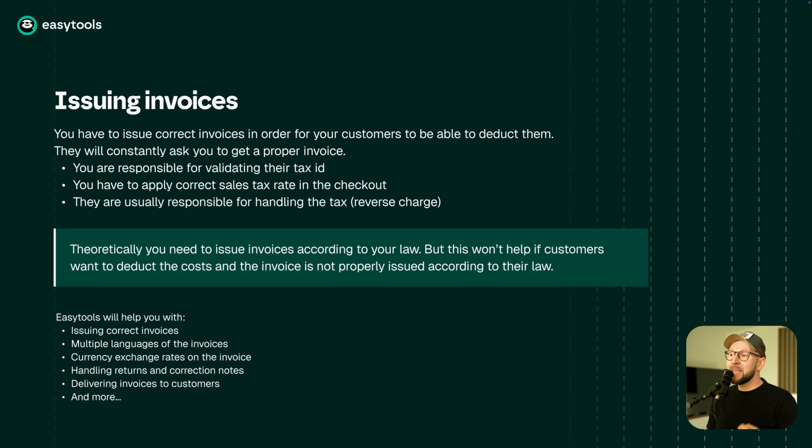But in fact, this won't help if customers want to deduct the costs and the invoice is not properly issued according to their law. Okay, so it doesn't really matter that U.S. law doesn't require you to issue an invoice with all those details. But if a company from Germany or Austria or Poland wants to deduct those costs, they will still need a proper invoice, and they will ask you for it, and you will just have a headache. So this is really important to have it in place.